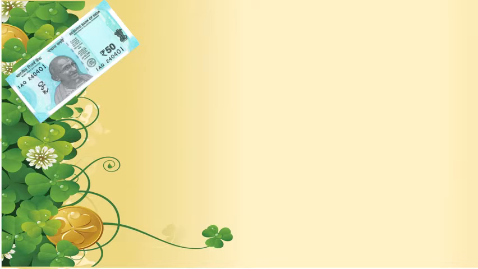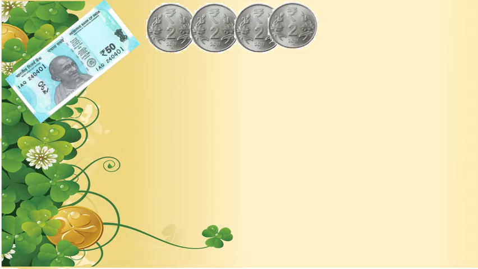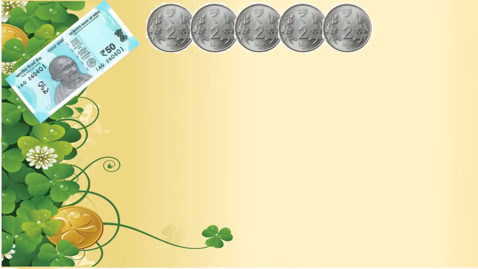Okay, how many we will get? We'll see. 2 rupees coins. This is 1, 2, 3, 4, 5. Okay, this became rupees 10, isn't it? Means 2 fives are 10. Correct? I got 10 rupees.